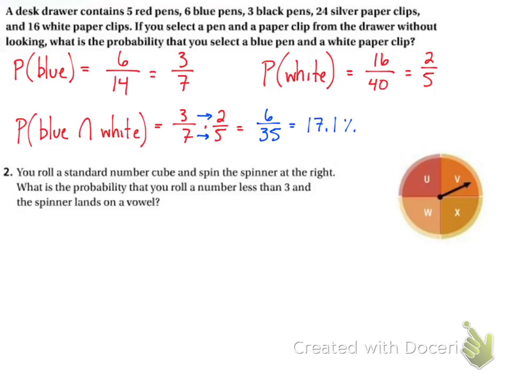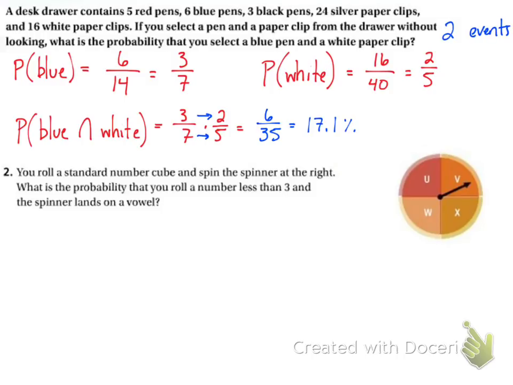On the next problem, probability that you roll a number less than 3 and the spinner lands on a vowel. So we're rolling a regular die, and then we're spinning the spinner on the right. Again, remember that this is two separate events.